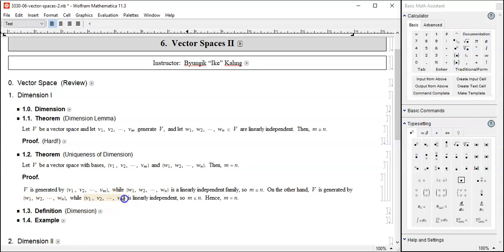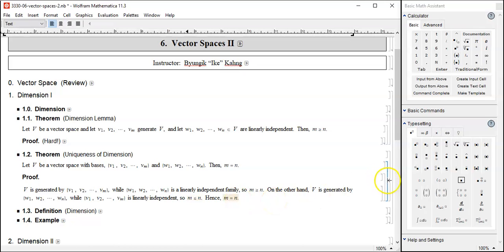And then V1, V2, V3, and Vm is a linearly independent family. Then, by the same idea, now n is greater than or equal to m. So what conclusion did we get? m is greater than or equal to n, and also m is less than or equal to n, therefore, conclusion, m and n are the same.